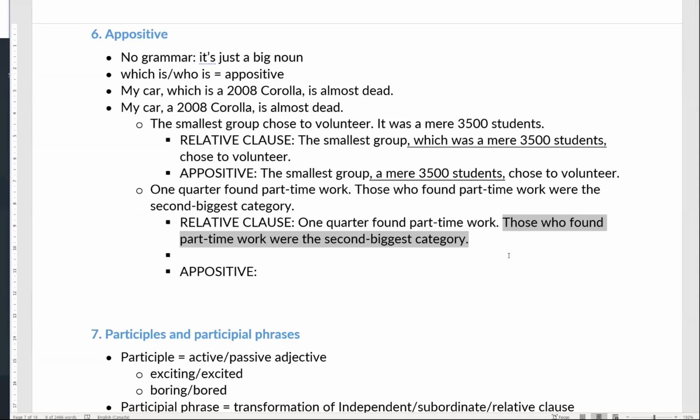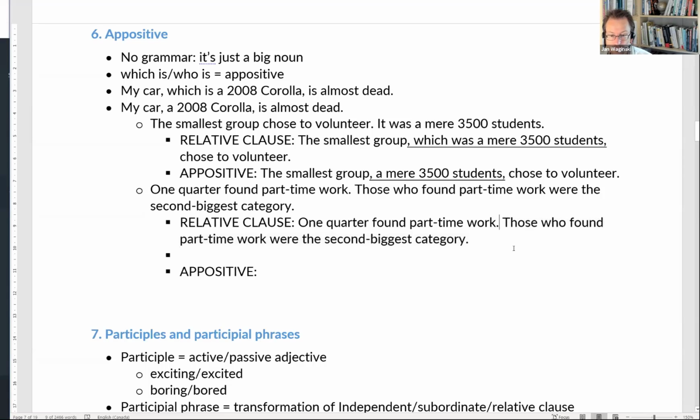If we remove this, then the second, which was second biggest category? With comma, which was second biggest category? Good, but where should that go? 1/4 found part-time work, which was second biggest category.